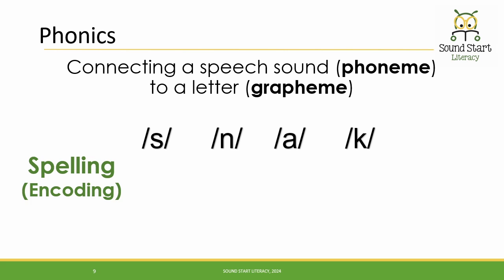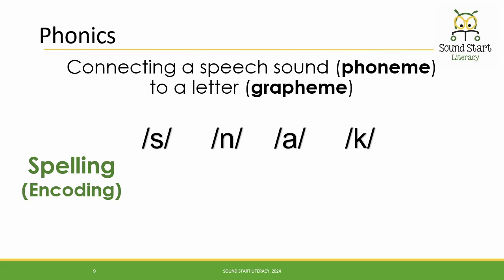Next, we have phonics. Phonics involves connecting the speech sounds, the phoneme, with the letter or letter combinations, which is the grapheme. So a grapheme is just a visual representation of a speech sound. A grapheme could be a single letter, like the letter S. It could be 2 letters, like the letters SH.